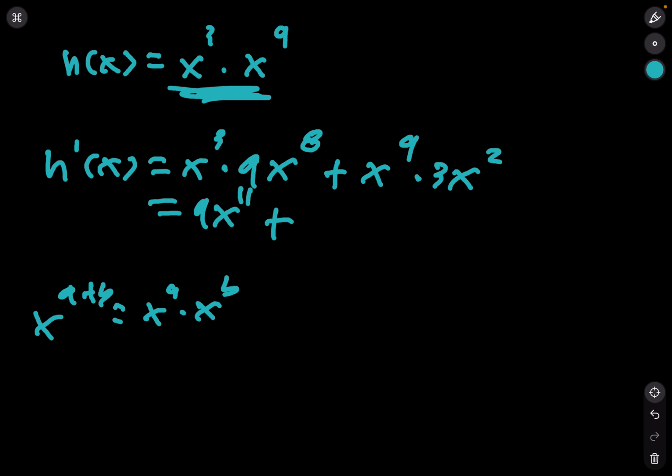You could say this is 3x to the 11. Adding these up, you get 12x to the 11. But oh wait, you could have just done that from the beginning.